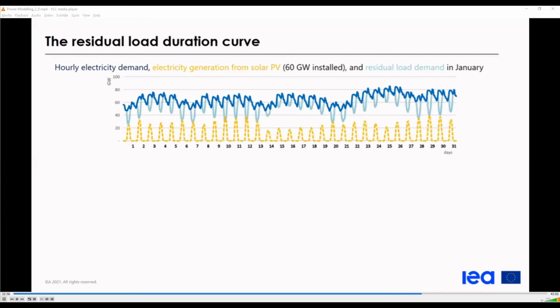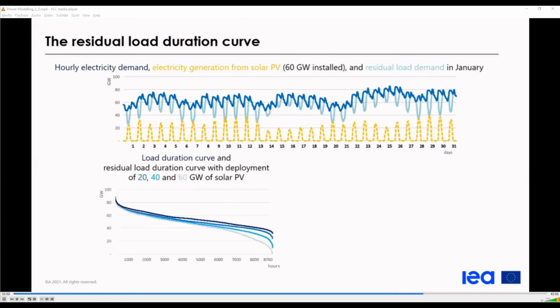Then, same concept as the load duration curve, we reorder the hourly demand from the highest to the lowest. And depending on the penetration of solar PV, you can see different impact, the biggest impact being the one with 60 gigawatts of solar PV.